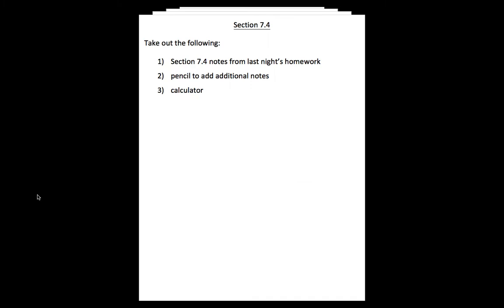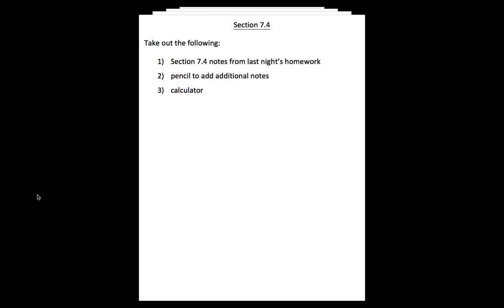So to start with, you'll need to take out the following materials: your notes from last night's homework, specifically the notes that you started from section 7.4, that is the self-checks. We're going to add some more notes to that today, and so you'll have the opportunity to write those notes down, and then also have some example problems for you to complete right there in your notes.